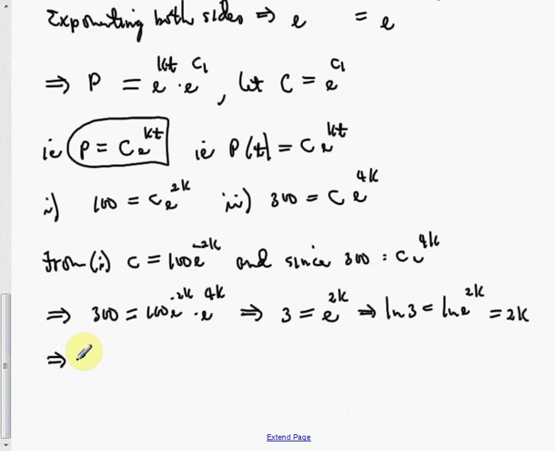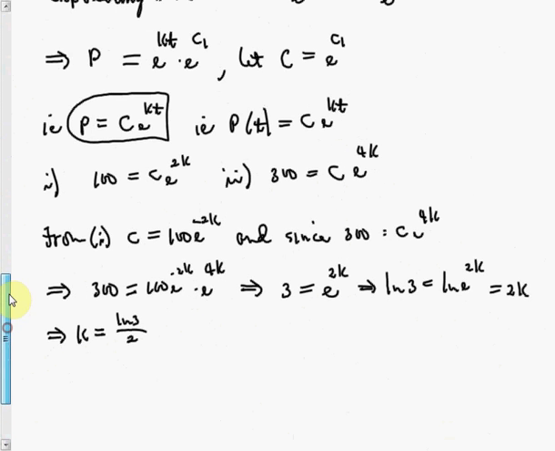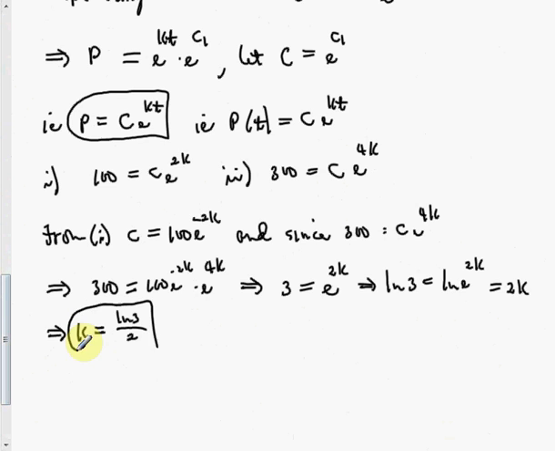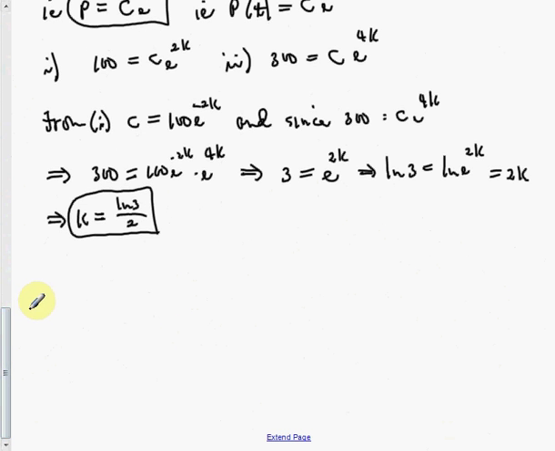So this implies what is k? K is equal to the natural log of 3 divided by 2. K is equal to the natural log of 3 all over 2. We always need the constant.